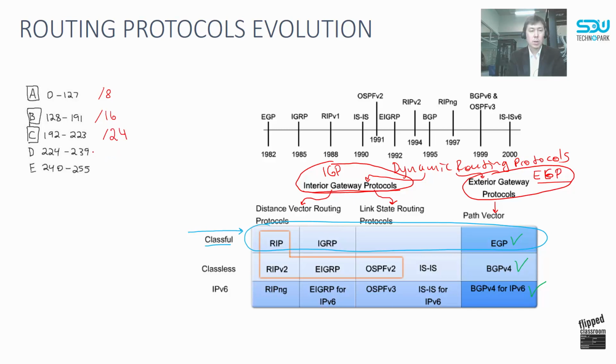And the rest of the addresses, from 224 to 239, are defined as multicast addresses, which are used in group communication. And the last part, from 240 to 255, are addresses which were used for experiments. So we can write experimental addresses.